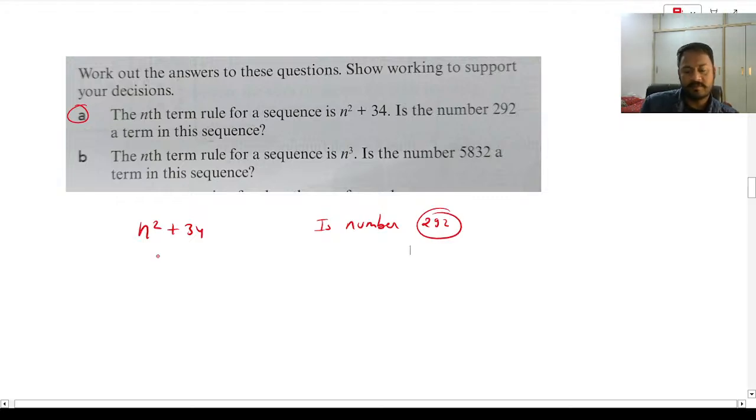So Lekhansh, Labdi and all who are in the class, can you just answer, is the number 292 a term of this sequence or not? You need to just give the correct answer. Is 292 coming in the sequence or not? How will you answer? This is the most important question. How to solve this type of questions?